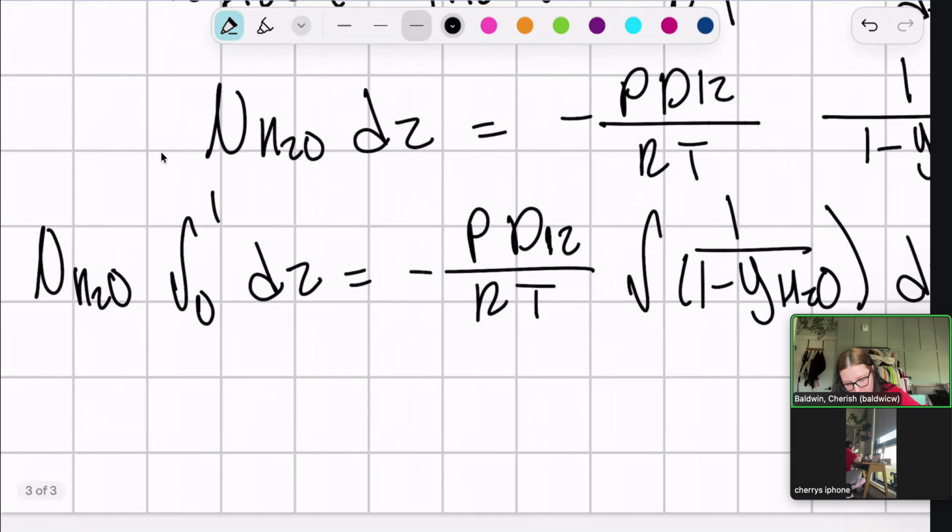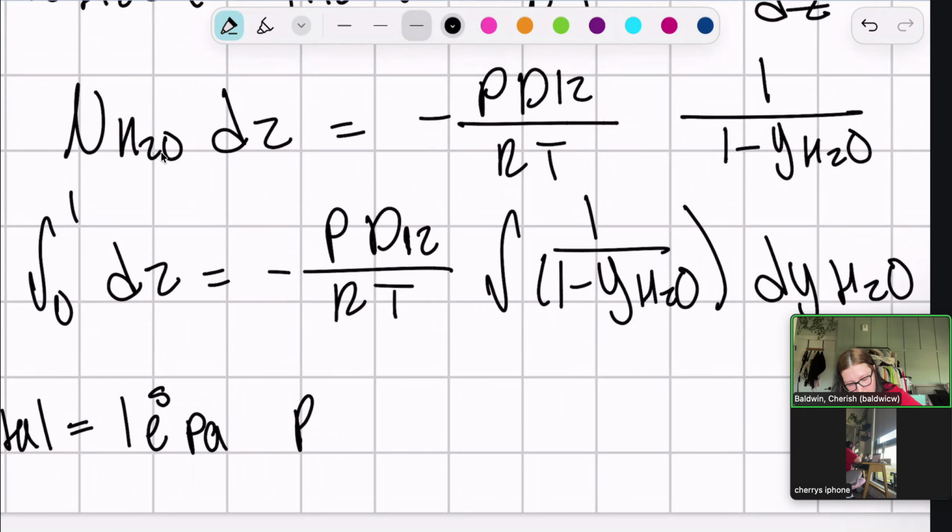So we know that P total is 1 e to the 5th Pascal, and we can calculate the pressure of H2O by either looking it up or using Antoine's or the Clausius-Clapeyron equation and calculating it if you can't Google it.